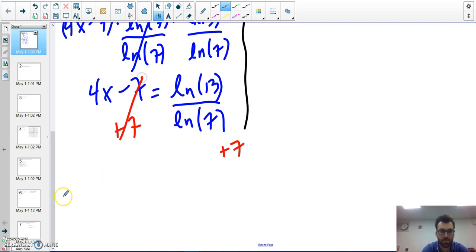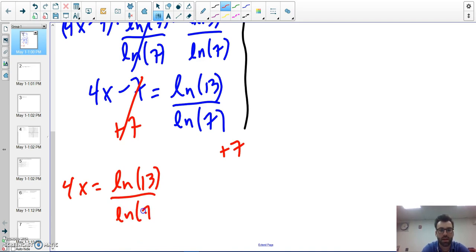These cancel, and I get 4x equals ln of 13 over natural log of 7, all plus 7. Then I divide everything by 4.